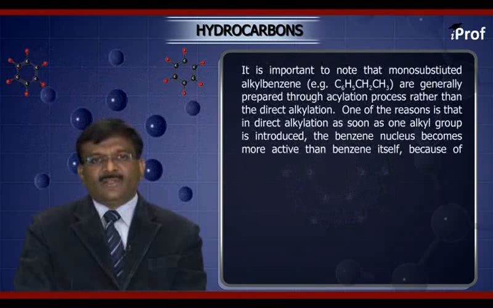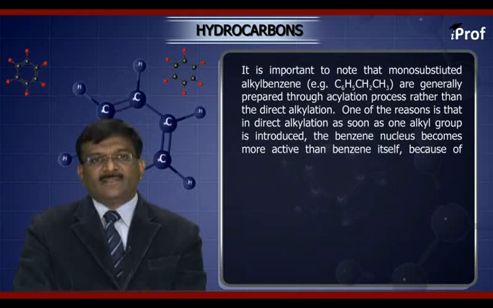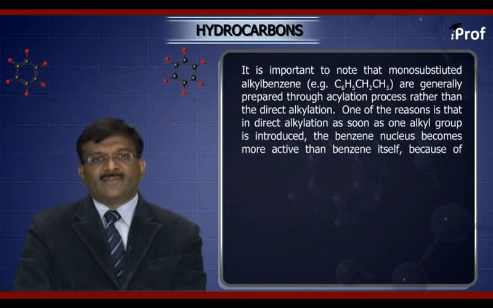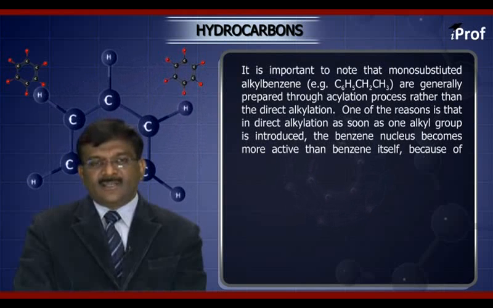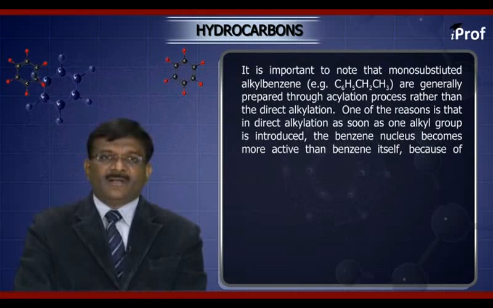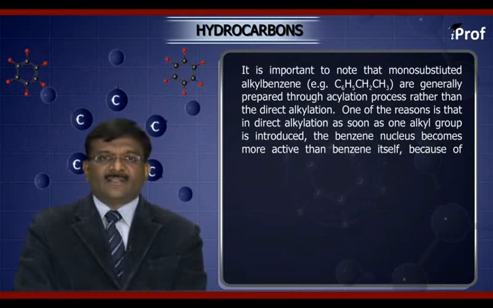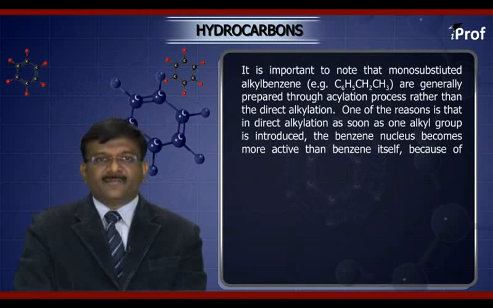It is important to note here that mono-substituted alkyl benzenes, for example C6H5CH2CH3, are generally prepared through the acylation process rather than the direct alkylation.